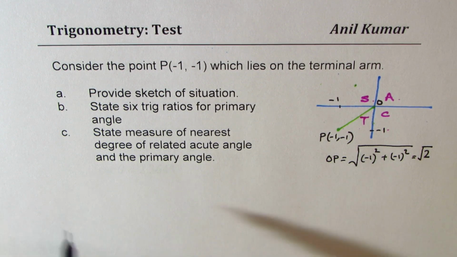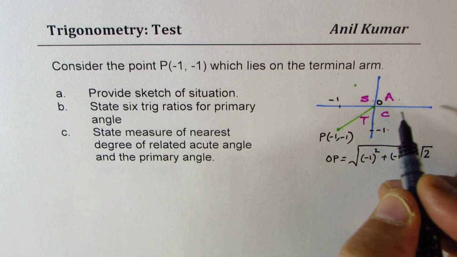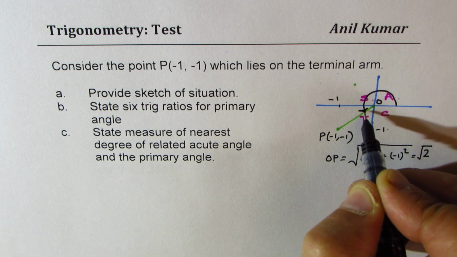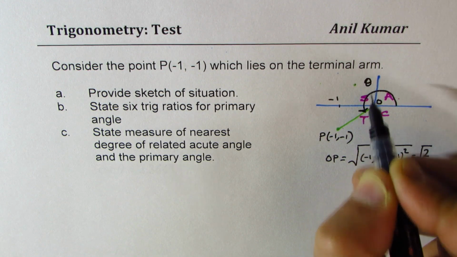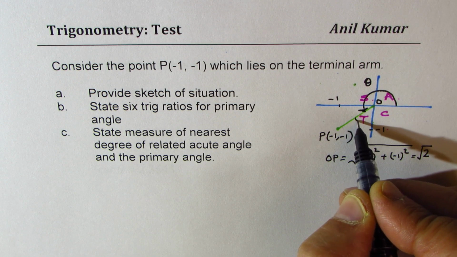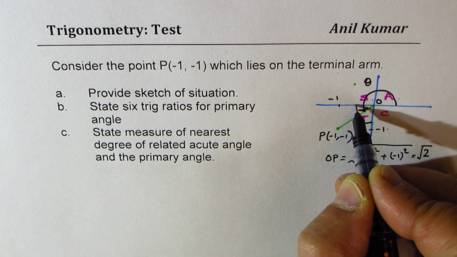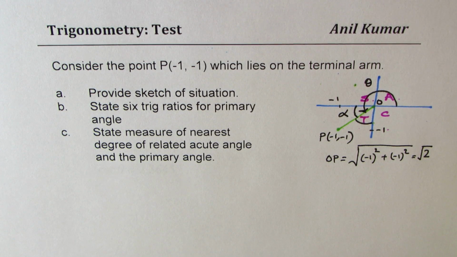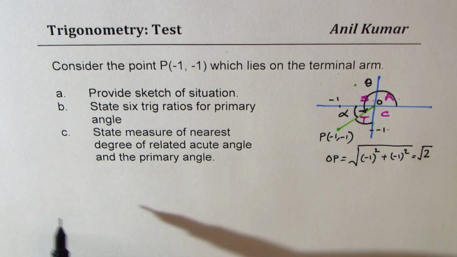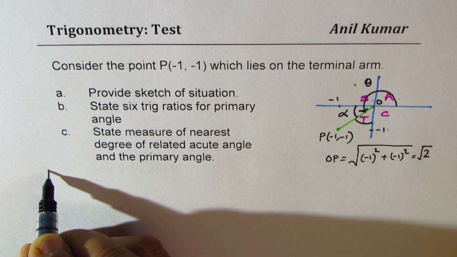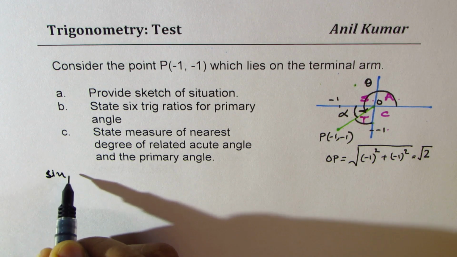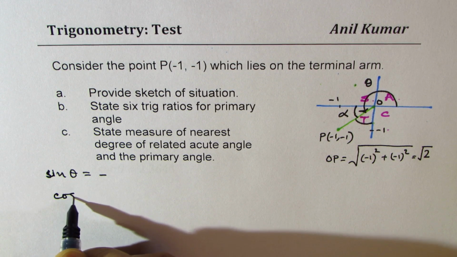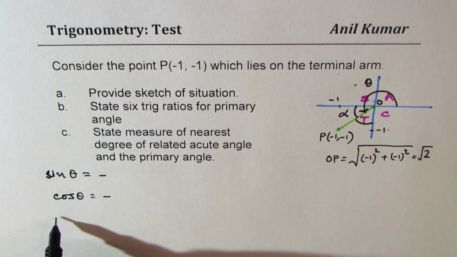So all the angles, let's write down. The principal angle theta is that much, and the related acute angle is this one, alpha, with the horizontal. So let's start with sine. Sine theta will be negative. Cos theta will also be negative.